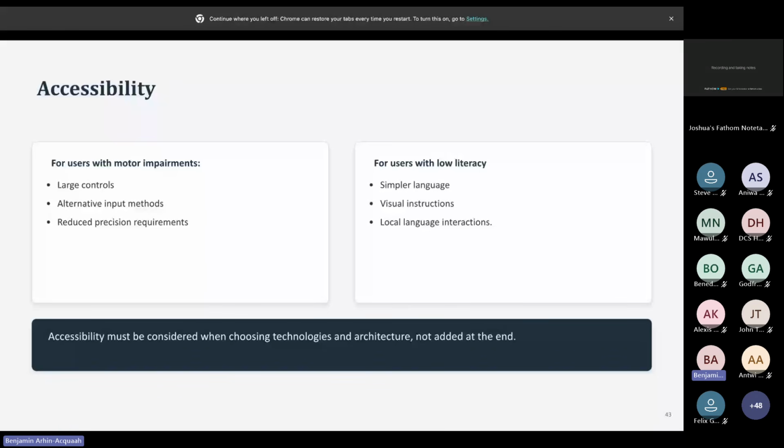If someone has a motor impairment and is raising their hand to tap on a button, and the button is very small, they will find it hard to aim at the button properly. So you want to make things large enough for them to not miss what they want to target.